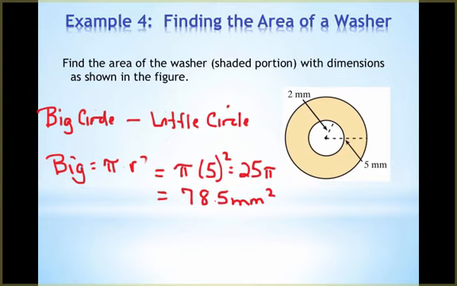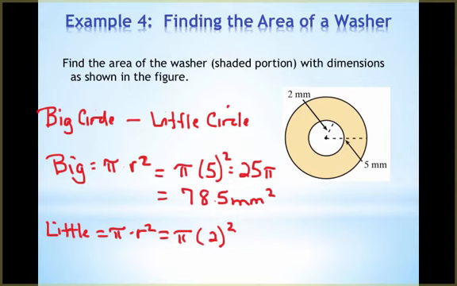And then my little circle is also pi times the radius squared. But this time the radius is 2. Well, that's 4 pi, which would be 12.56. And now I would subtract those.